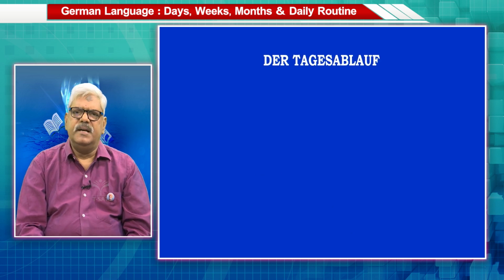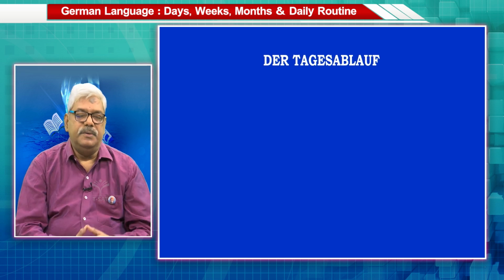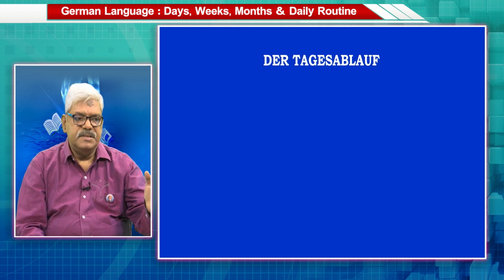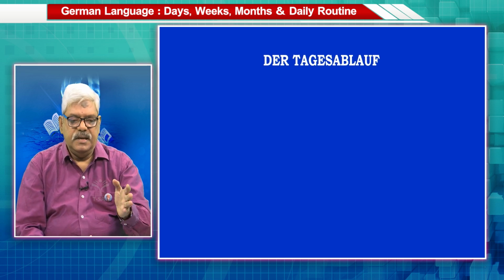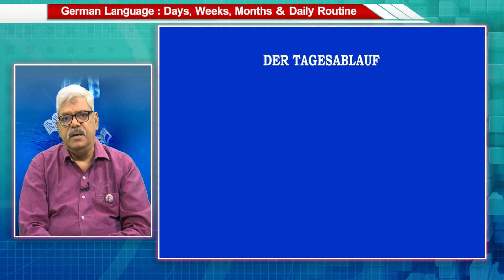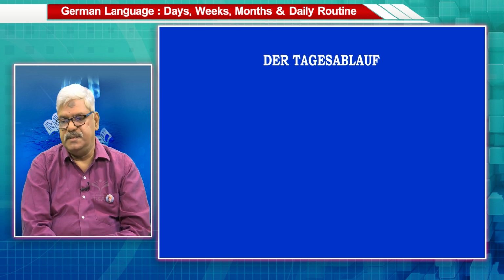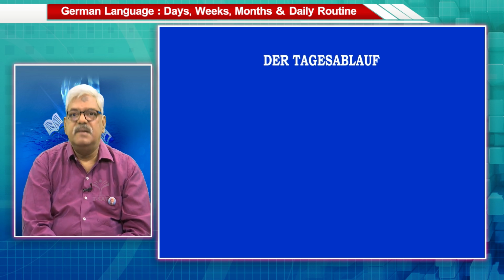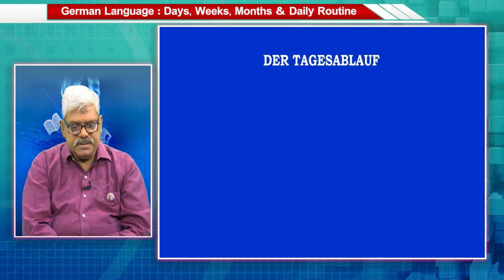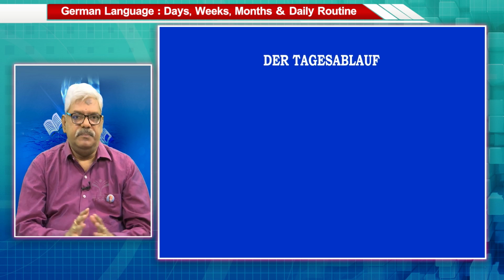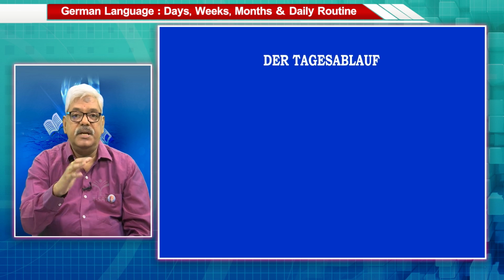What do you mean by Tagesablauf? Your daily routine. So, these months, days, we use in our daily routine, how we do things, etc. I have taken some examples. This, once again, is just a rough example. For each individual, it may differ.